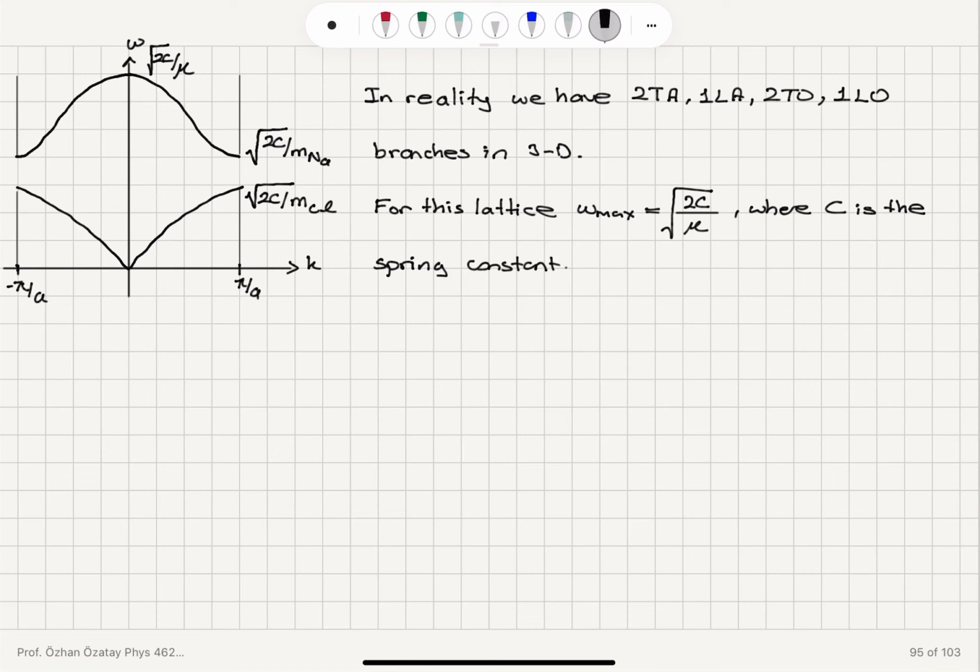Now, how do we find the spring constant? If you go back to where the spring constant comes from, it comes from Hooke's law, the restoring force on a spring. Note that the spring constant is defined by Hooke's law.